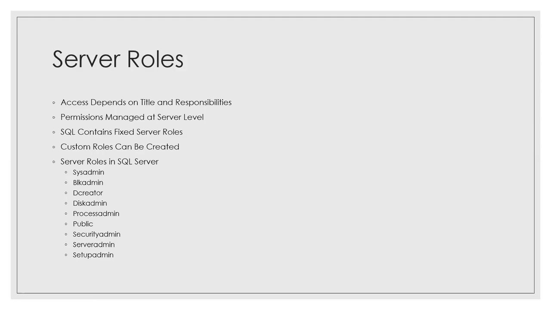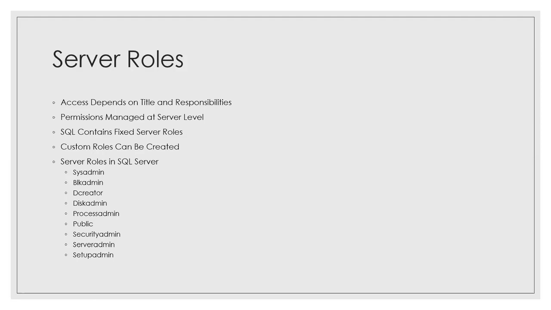Basically, an example of that would be assigning permissions. And then serveradmin, this combines both diskadmin and processadmin and can shut down the instance. So this role basically combines processadmin and diskadmin permissions.